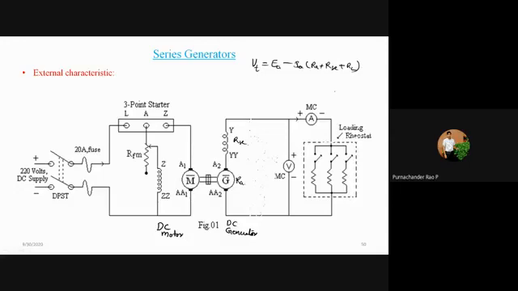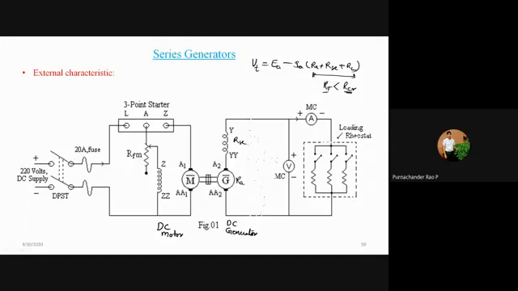If this total resistance RT is less than RCR, similar to a critical field resistance, then only the voltage buildup takes place. If there is no buildup in the voltmeter, it may be because the total resistance of the circuit is greater than the critical field resistance, so there is no buildup of the voltage.